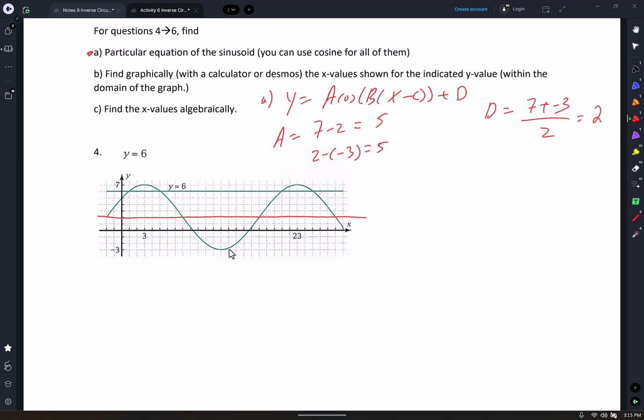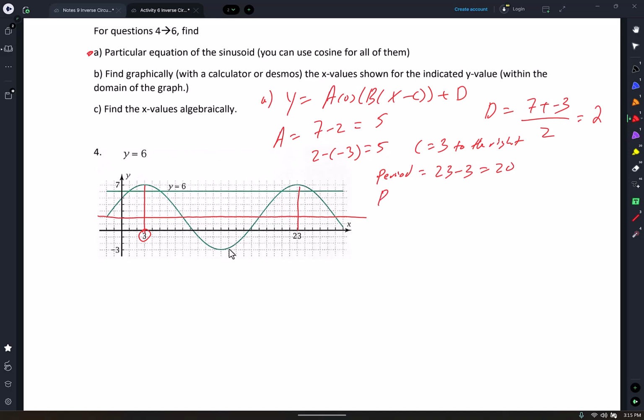Cool or not cool? We're using cosine, so we're using the first peak that we see. What peak is that at? So C equals 3 to the right. And then the B, well, we have to find the period first. I have a peak at 3 and I have another peak at 23. So the period is 20.